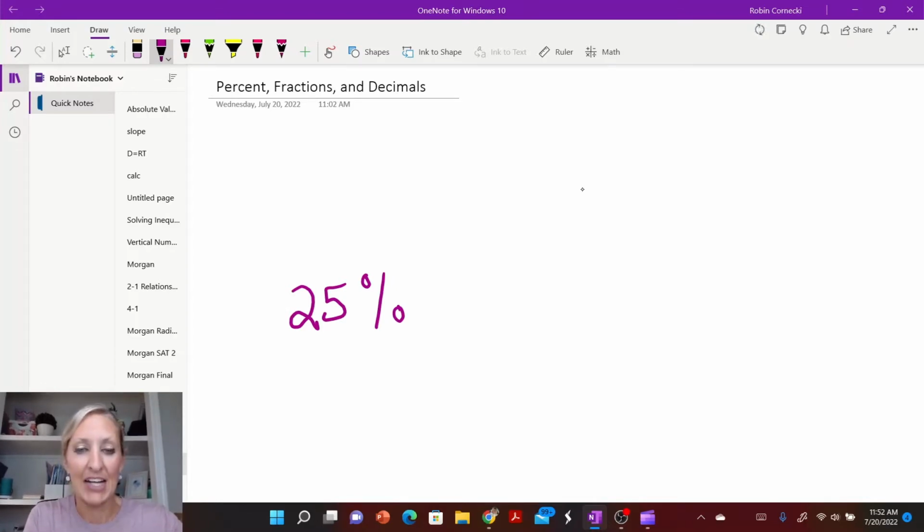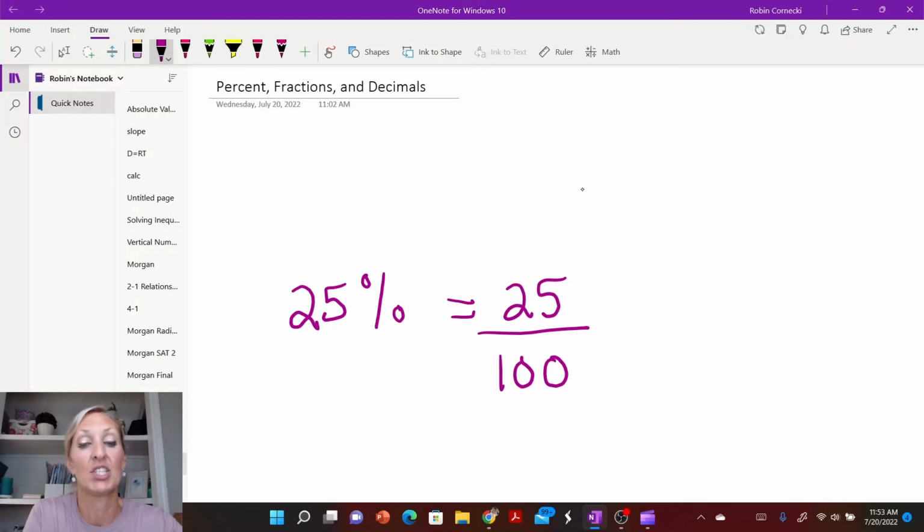But let's get back to why a percent means out of 100, because if you look very closely, you will see the two zeros and the slash means 1. So a long time ago, ancient mathematicians always wrote their percents as a fraction out of 100, and they just kind of got tired of writing it that way, so they started writing it as the percent symbol. So that's how we get the percent symbol.